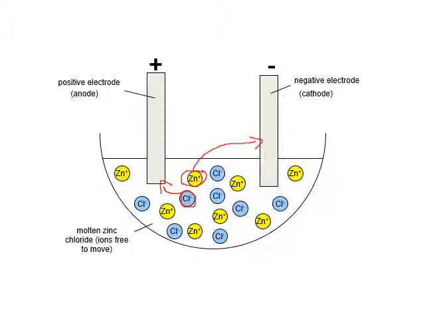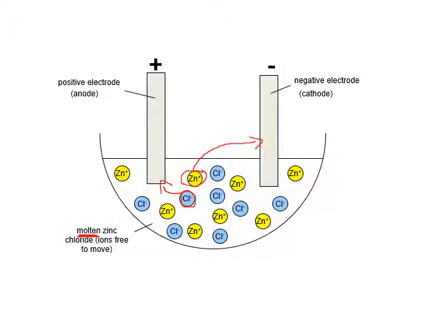The reason these will move is because they are in the molten state, which means a liquid state. So the ions are free to move and can carry the charge. If they can't carry charge, or they're not free to move, then they're not going to be attracted or move.